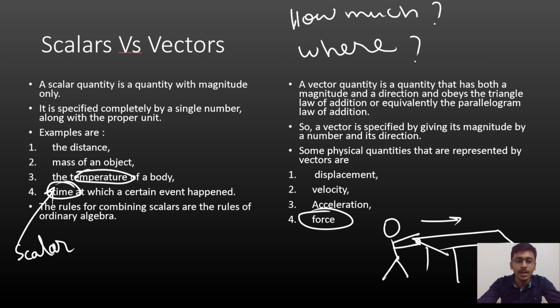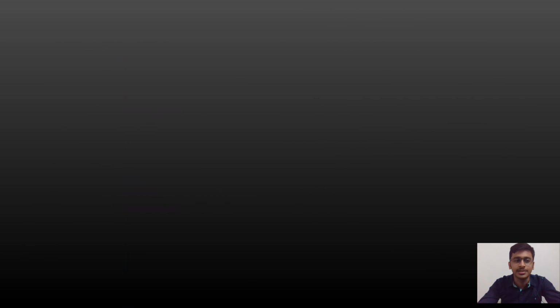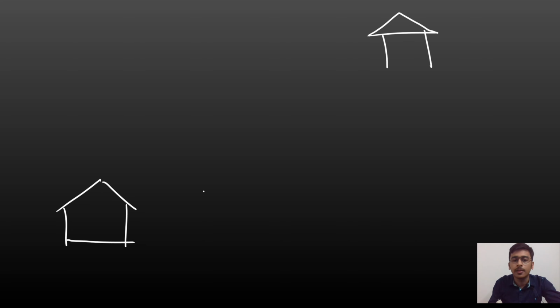Okay. Talking more about distance and displacement, what exactly is distance? What exactly is displacement? Let's say this is my house, and let's say this is my friend's house. The path from my house to my friend's house is not a direct path.